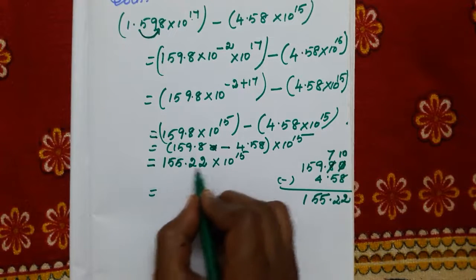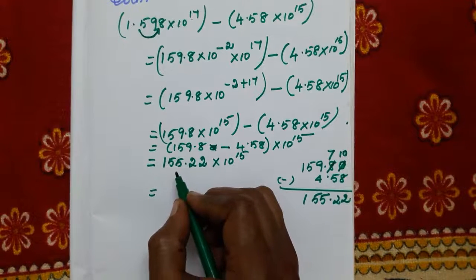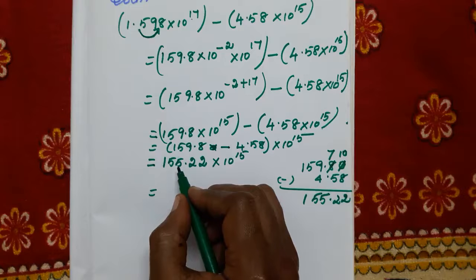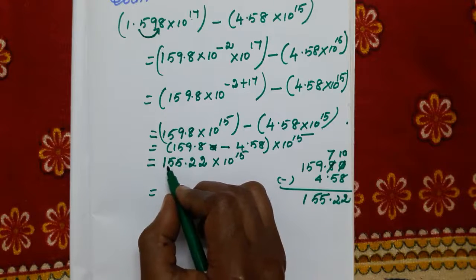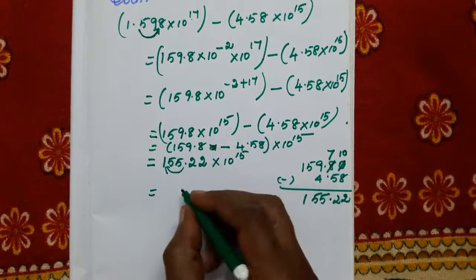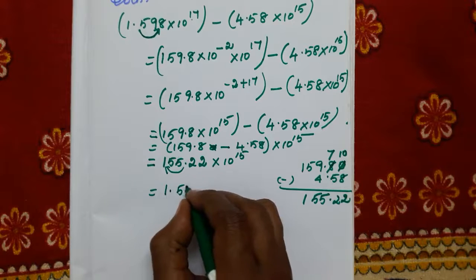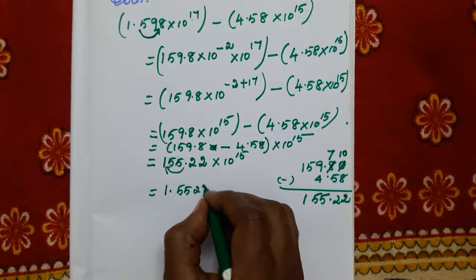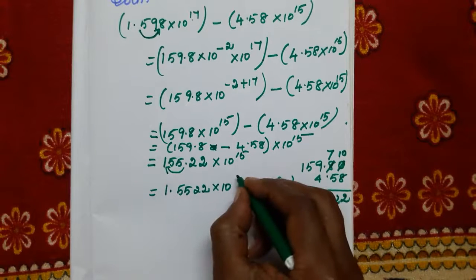Now, is it in scientific notation? No, it is not in scientific notation. For converting to scientific notation, what we have to do? We want to move the decimal point 2 digits left. When we are moving 2 digits left, what we are getting? 1.5522 into 10 power minus 2 or plus 2.